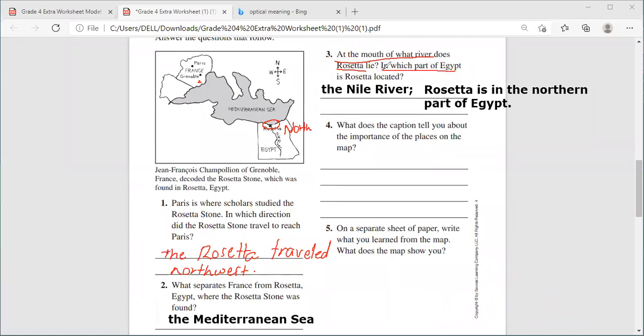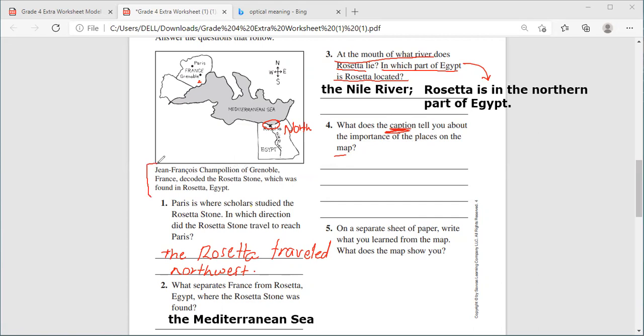And number 4. This is the second part. What does the caption tell you about the importance of the place on the map? When I come to such a question, I try to highlight the keywords I have to focus on so that I will not get lost in a big sentence like this one, which has more than 10 words. Underlining the main words helps me so much, and helps everyone in the class. So the caption is over here.